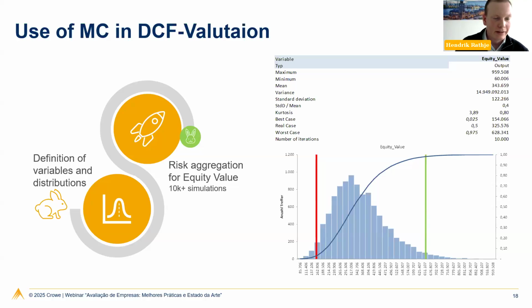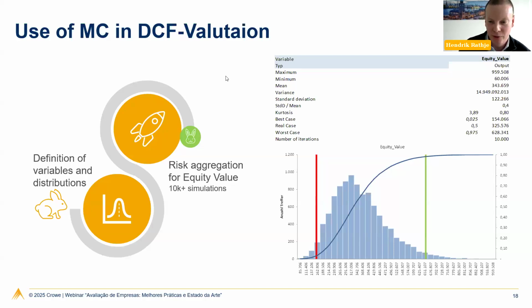So yeah, this is a very quick overview. I know it always seems a little bit complicated at first, this DCF valuation using Monte Carlo. Just to finish it off, looking at the risk of the different values is one very good way of using Monte Carlo.